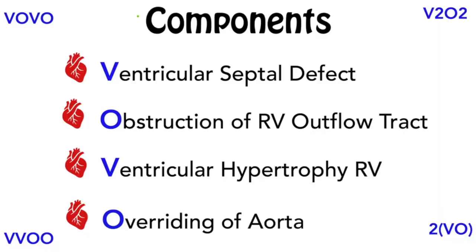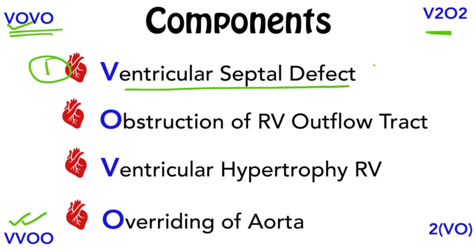We just learned that Tetralogy of Fallot has 4 lesions. So now let's see what they are. Now, let's see the 4 components of tetralogy. The mnemonics are written on the corners of the screen. VOVO, VVOO. You can learn them as per your convenience. So component number 1, ventricular septal defect. Simply a defect in the interventricular septum. The type and size we will see later on.